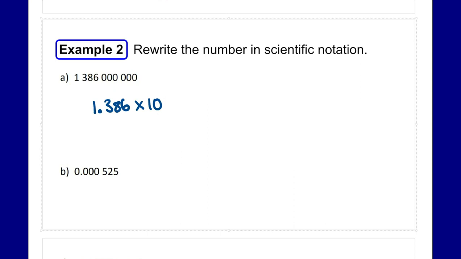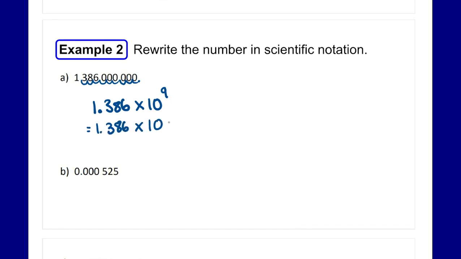An easy way to figure that out is to figure out how many times I had to move my decimal place. Well, the decimal place originally was here at the end, and I moved it 1, 2, 3, 4, 5, 6, 7, 8, 9. I moved it 9 spots. So that means the exponent will be 9, because I've moved my decimal place 9 places. This would actually work out to 1.386 times basically 1 followed by 9 zeros.